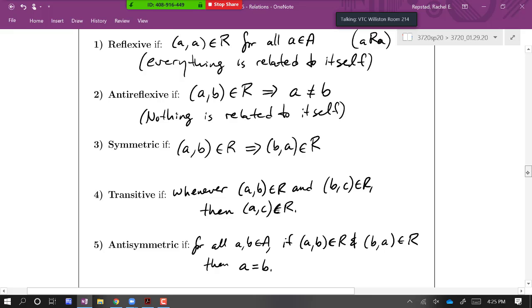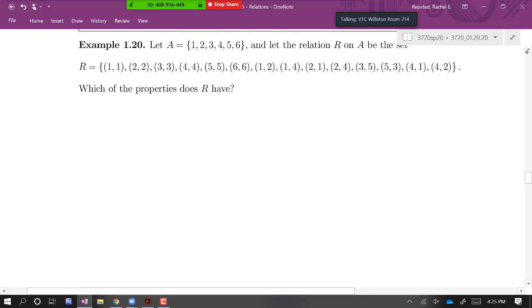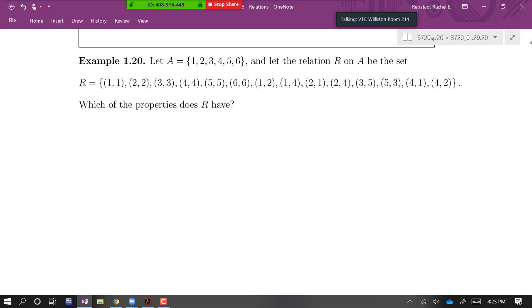So we're going to get a little practice. Here's a set. So we have the set of integers from 1 through 6. And they've defined a relation just by listing out these ordered pairs. And we want to just check for each of these properties.